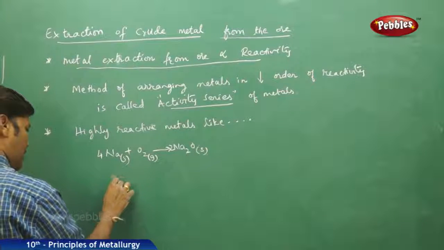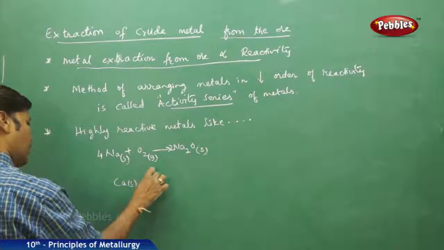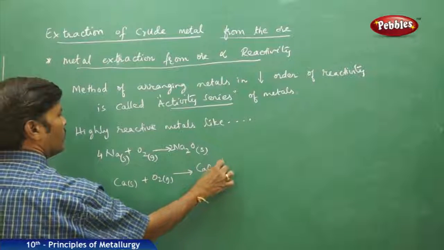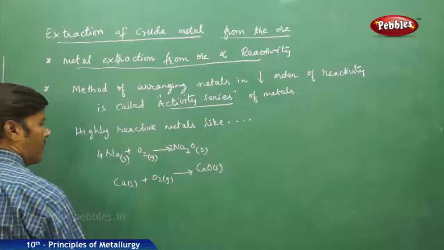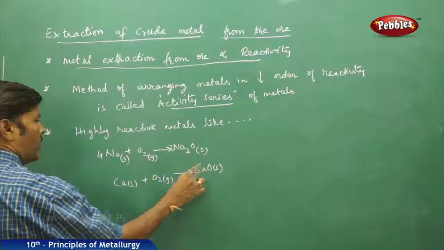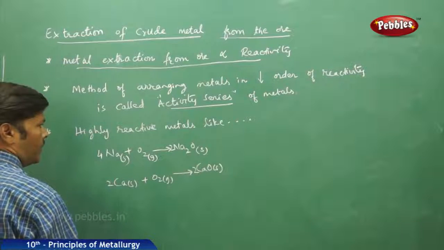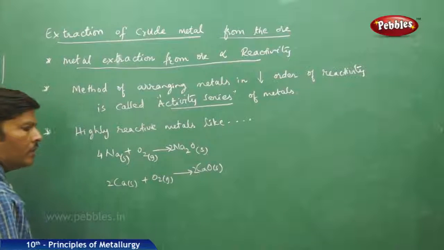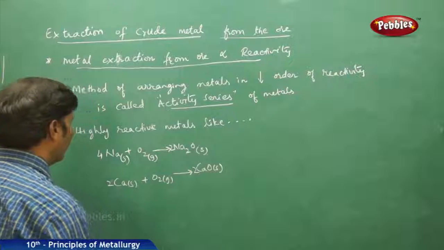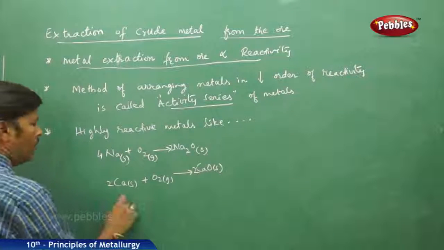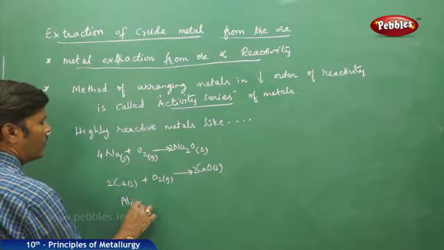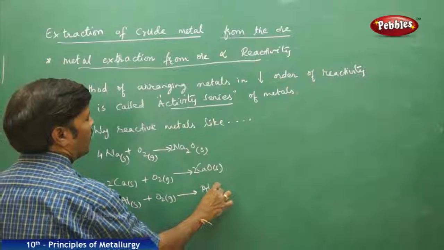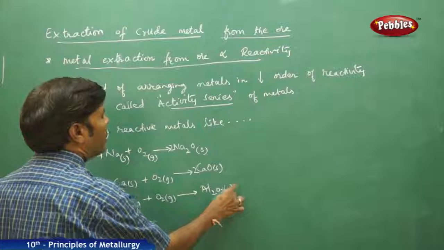Similarly, calcium solid plus oxygen gas gives calcium oxide solid. So take 2 here and 2 here. Similarly, aluminium, also a solid, reacts with oxygen to form aluminium oxide solid.